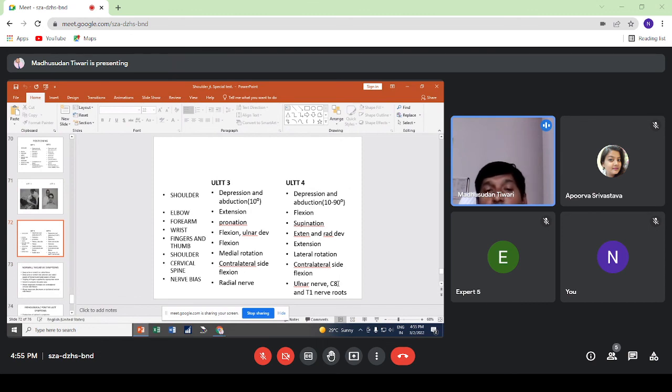Abduction of the arm at 10 to 90 degrees, flexion of the arm, forearm supinated, extension and radial elevation of the wrist, thumb extended, fingers extended, shoulder in lateral rotation, and cervical spine in contralateral side flexion. This test will be done for confirmation of ulnar nerve injury.